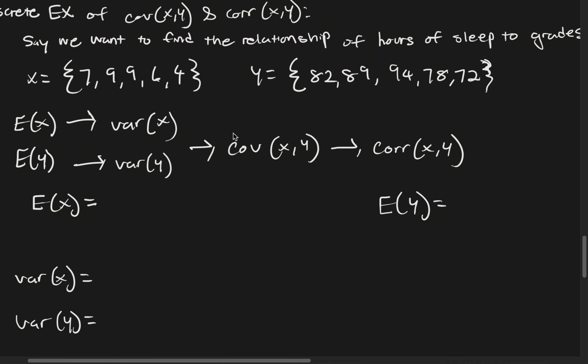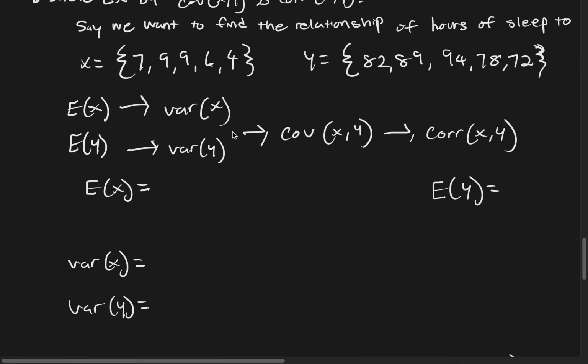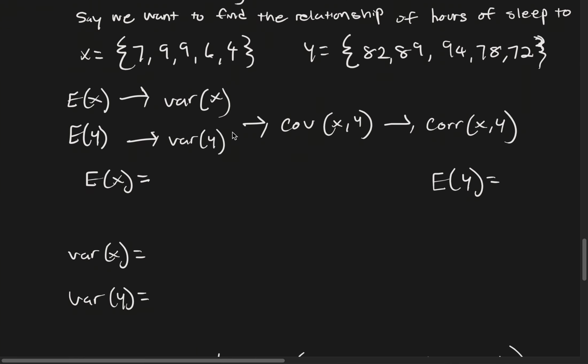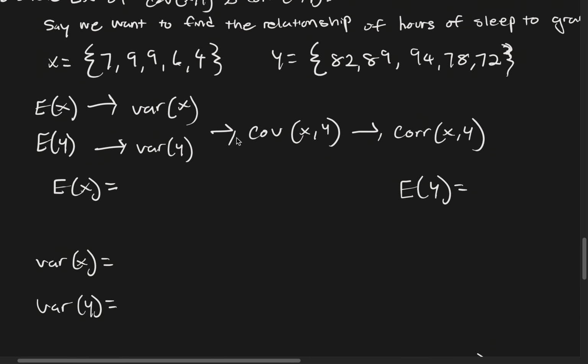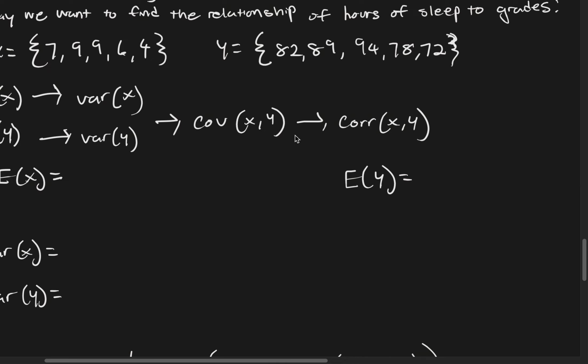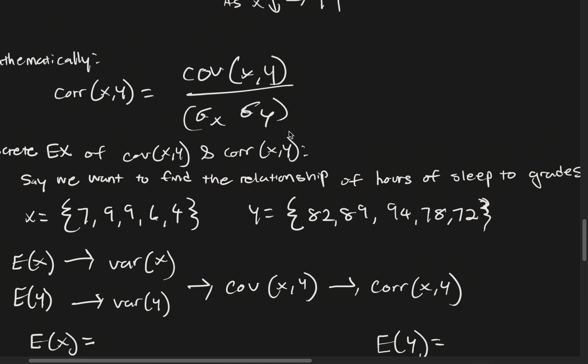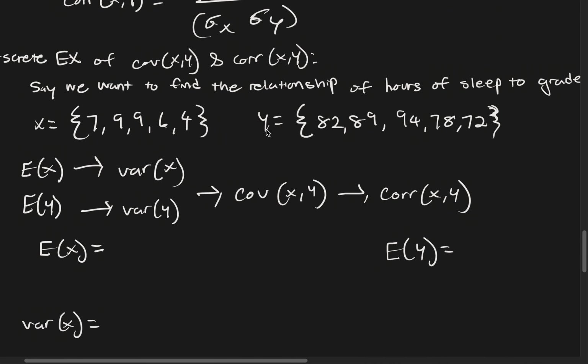In order to do that, we first need to find the expectation of x and y, and the variance of x and y. We don't actually need the variance to find the covariance, but we do need the variance to find the correlation, because we need the standard deviation of x and y, and in order to get that, we need to find the variance.